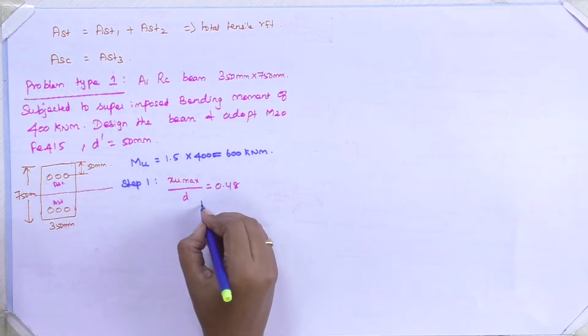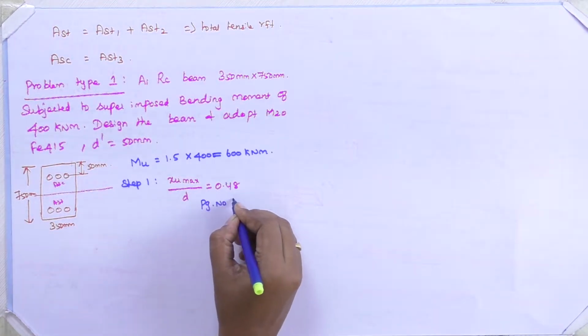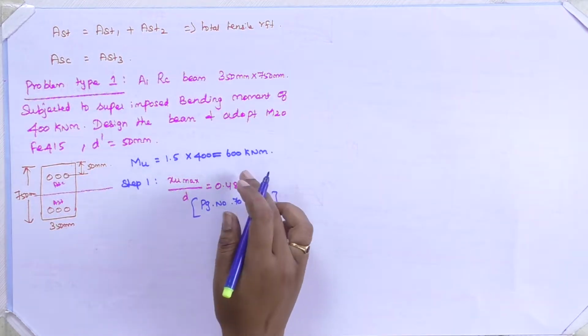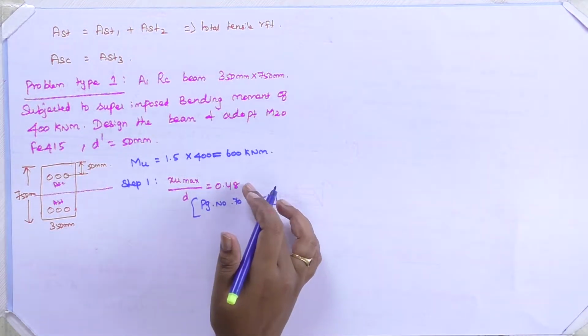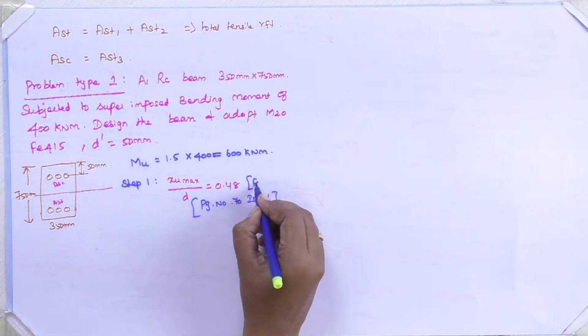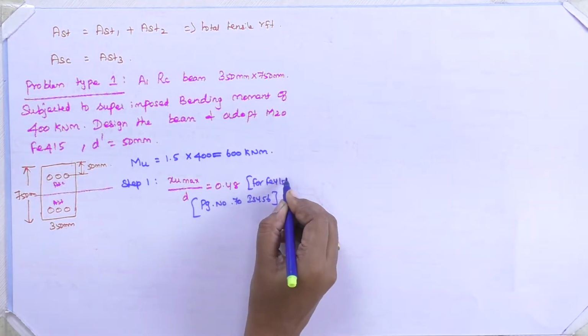It is there on page number 70 of IS 456. Okay, it is there in your code book, you can collect your value. Xu max by D is equal to 0.48 for Fe 415 steel.